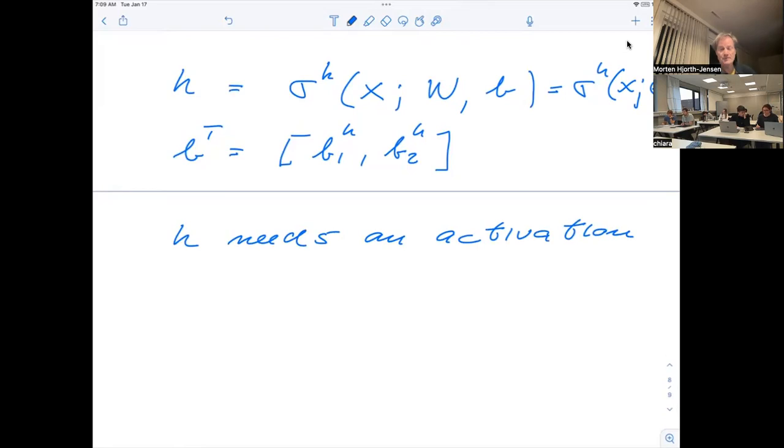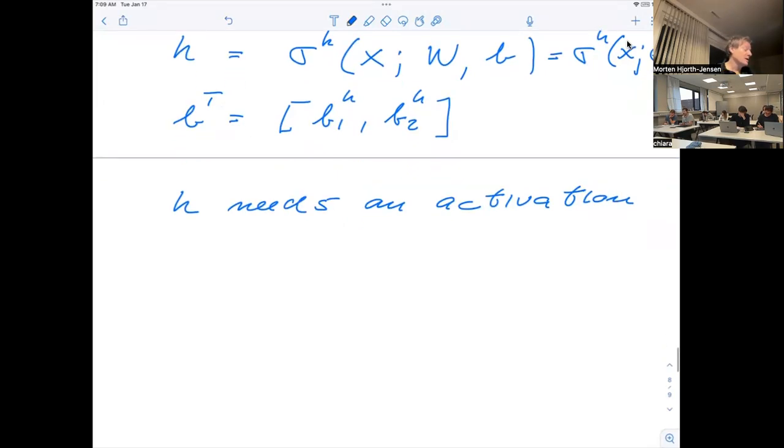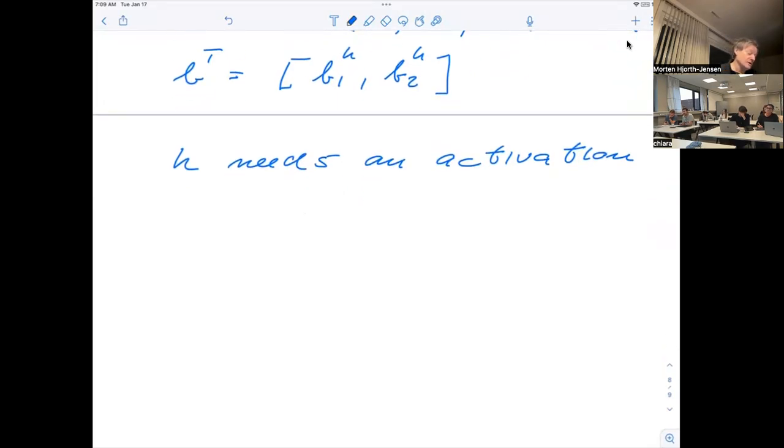We want it to be continuous. There are many possibilities here, and you probably have heard about the sigmoid function. We are coming back to these different types of functions, but a simple one is called the sigma of z. One of the simplest possible ones is called the rectified linear unit.